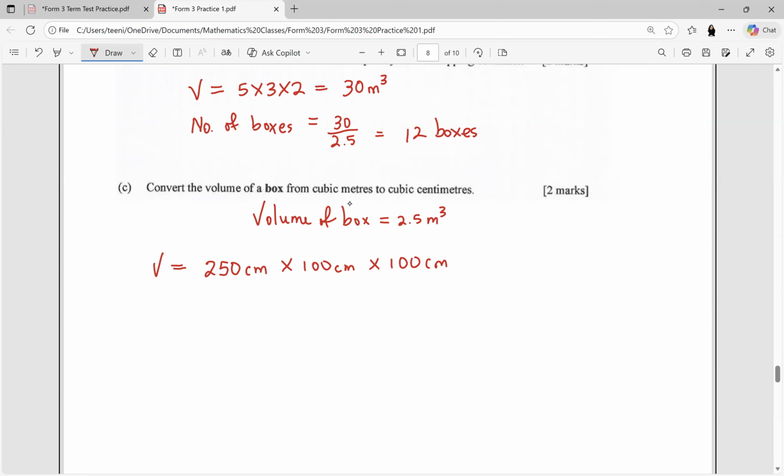Now, also, what you can do is, if you're changing cubic meters to cm cubed, remember, 1 meter is actually 100 cm. So 1 cubic meter is 100 cubed cm cubed, right? 100 cubed would be 100 times 100 times 100, so 100 to the power of 3.